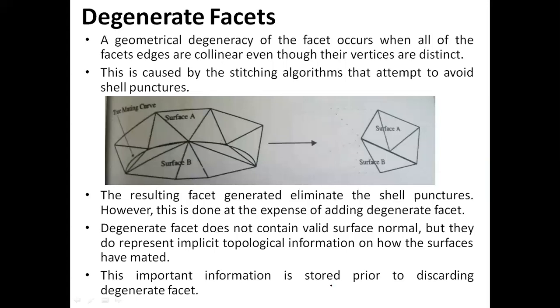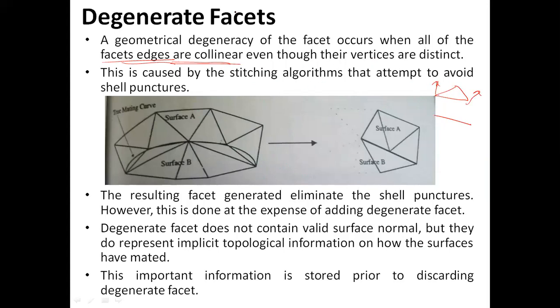Now, degeneracy, as I told you, what is degeneracy? A degeneracy occurs when the facet edges become collinear rather than being distinct. If this was the edge, and now these three become like this, why has it become like this? Because the vertices have moved their positions.